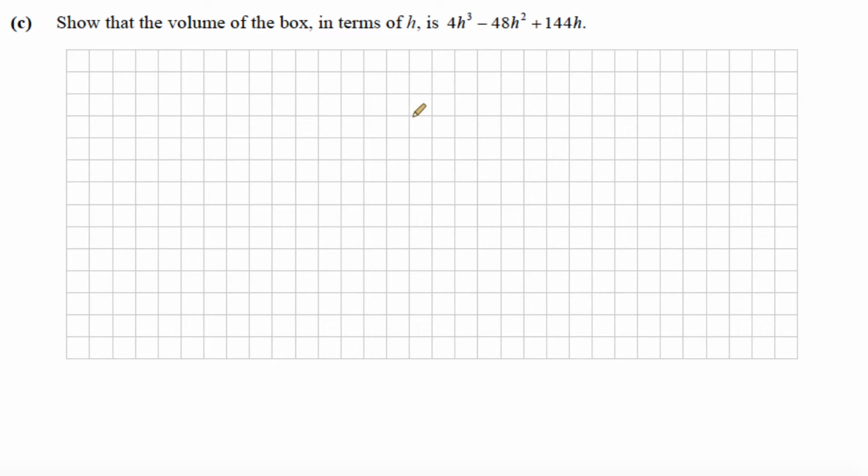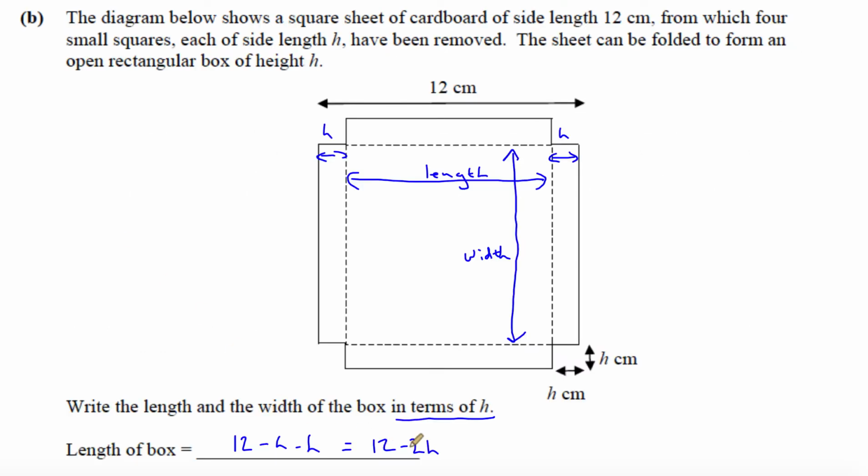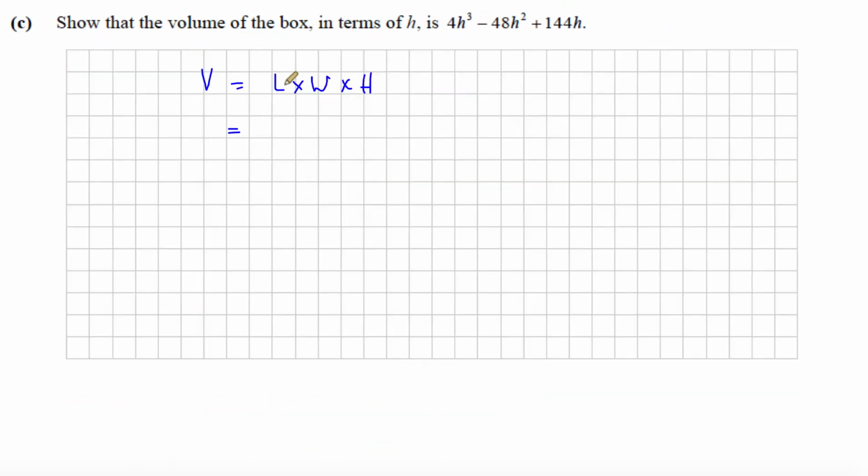Part C says show that the volume of the box in terms of h is 4h cubed minus 48h squared plus 144h. Okay, well the volume of a cuboidal box would be length by width by height. So in our case, the length and the width are 12 minus 2h, as we just worked out.